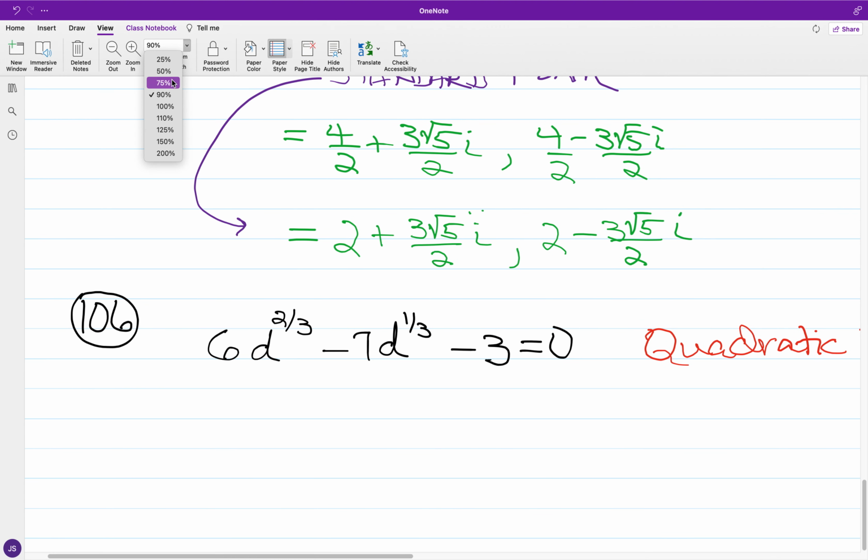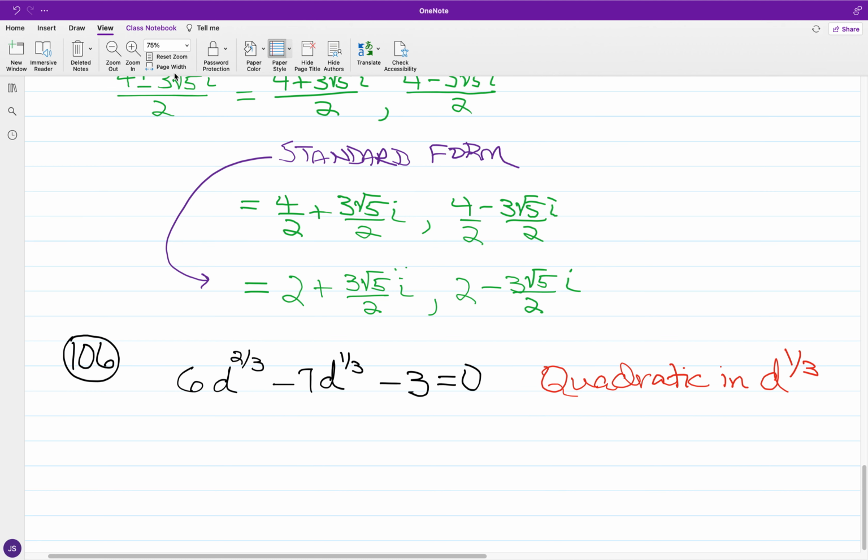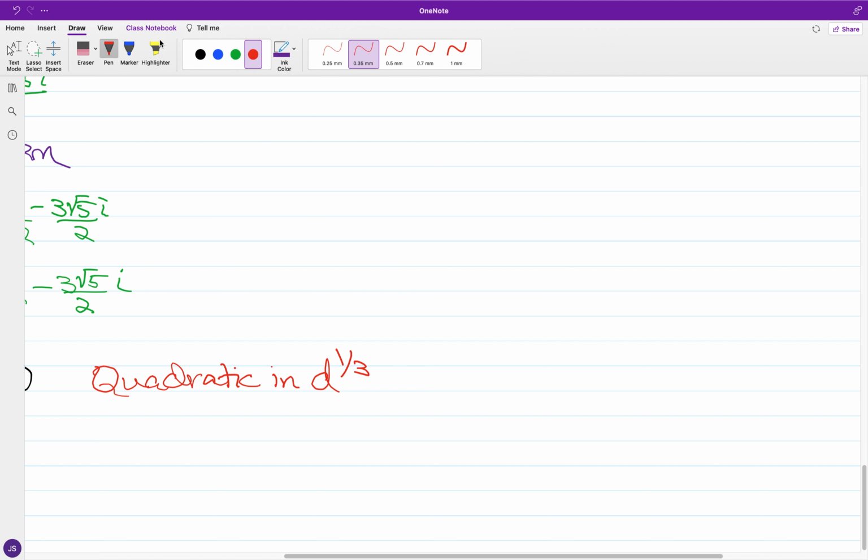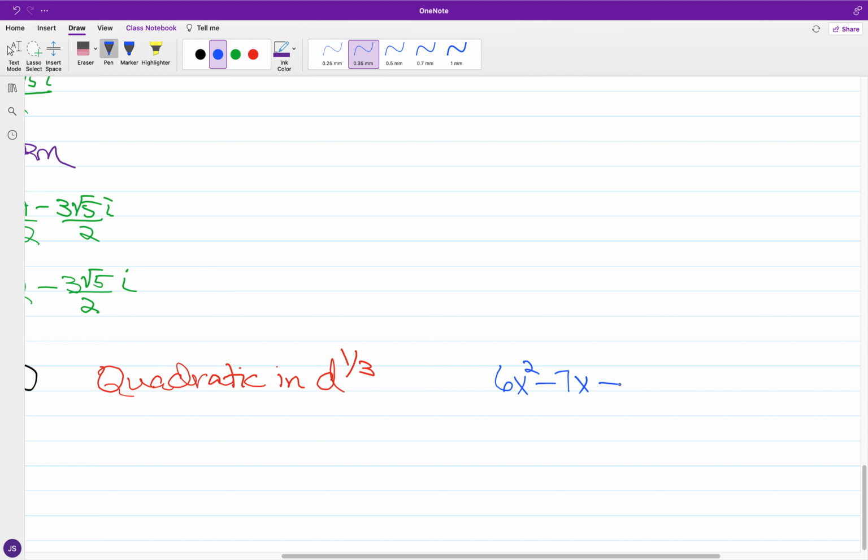We're not dealing with the traditional type of quadratic equation, but if you think of a quadratic expression to factor, like 6x squared minus 7x minus 3, and you looked at factoring by grouping, the first and last coefficients are 6 and negative 3.